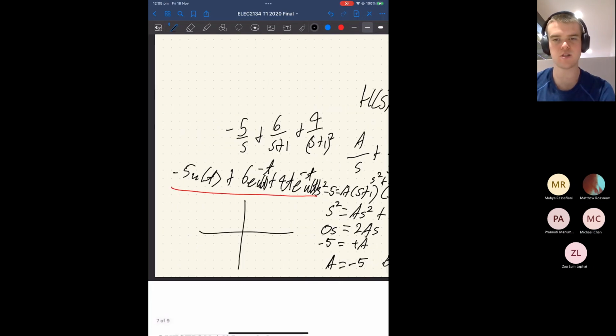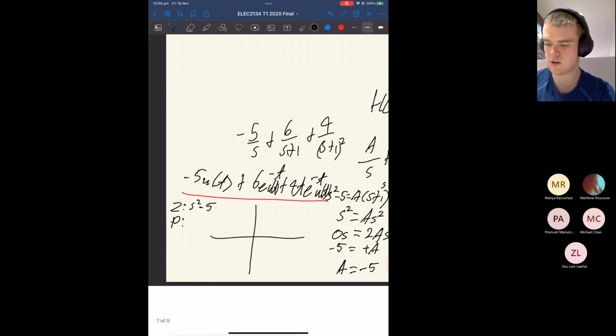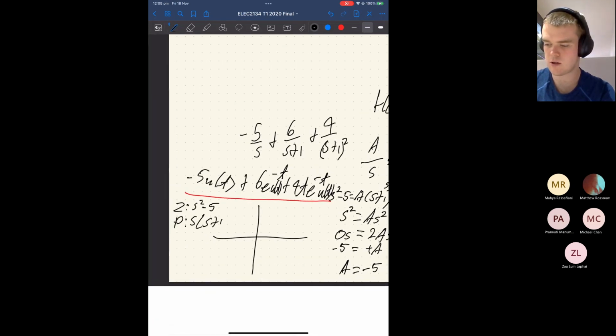Very good. Now, what symbol do we use for poles and which symbol do we use for zeros? For zeros, we use circles. For poles, we use crosses.